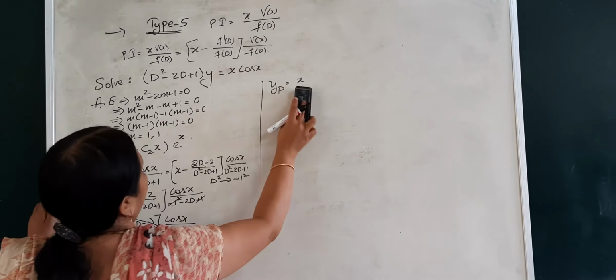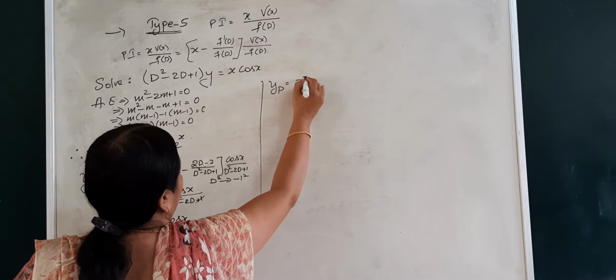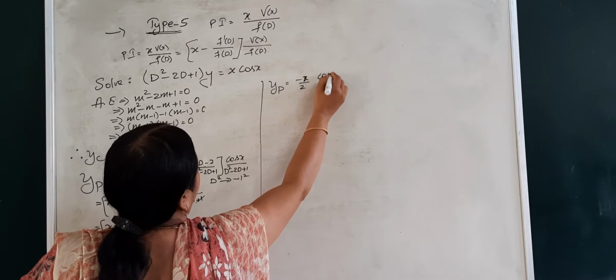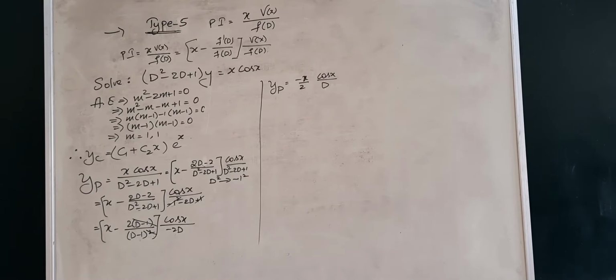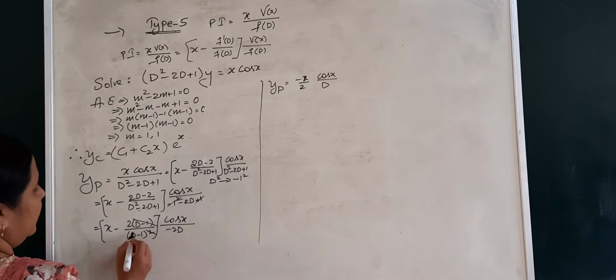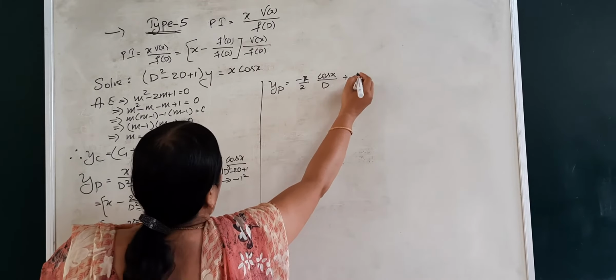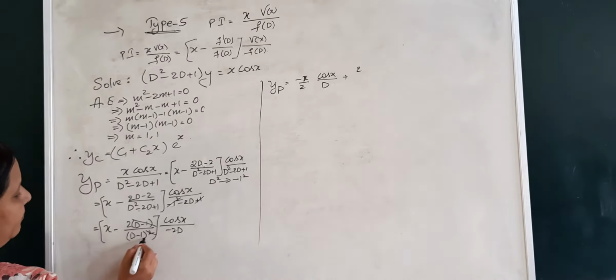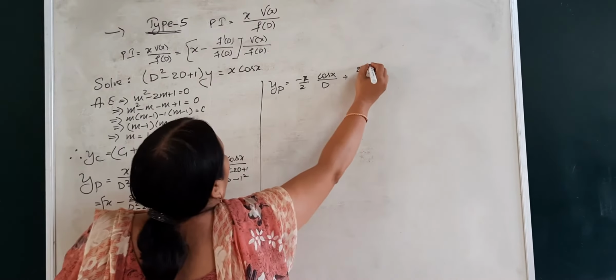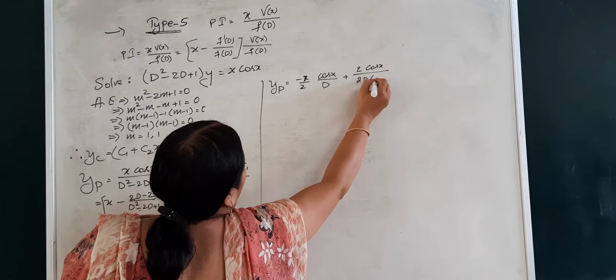So I can write it as −1/2 x cos x by D, then minus 1/2 cos x by D. Then we consider this term as well: so we get minus of minus plus 2 cos x divided by (D − 1) into 2D. So 2 cos x divided by 2D times (D − 1).